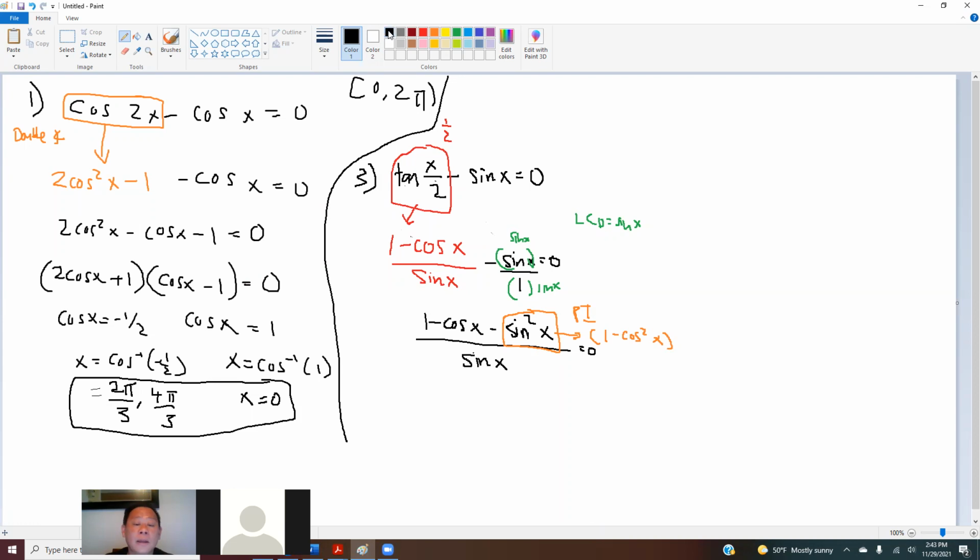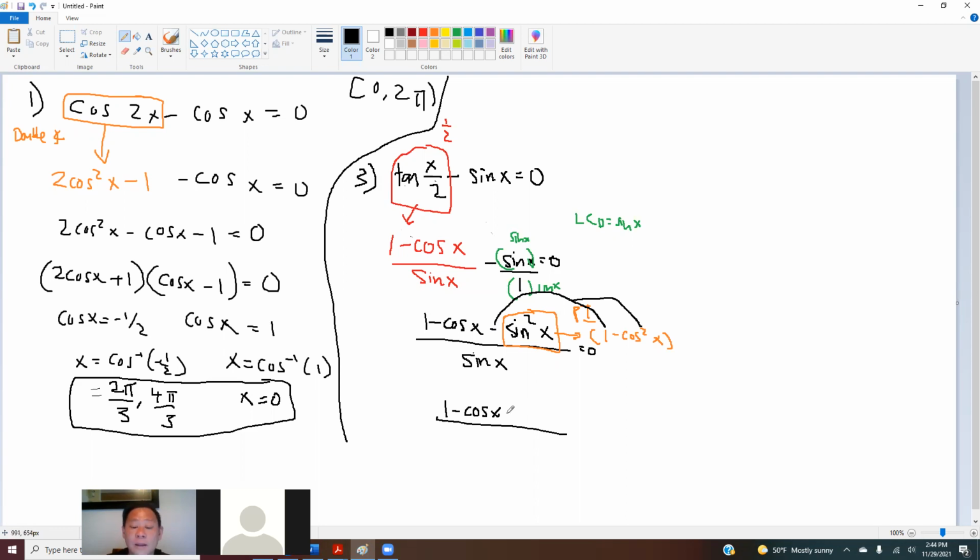So what we do here is we will have 1 minus cosine x. Now this negative you have to distribute. This is one of the mistakes that a lot of students make, is they just write 1 plus 1 minus cosine square x because they forget to distribute the negative.